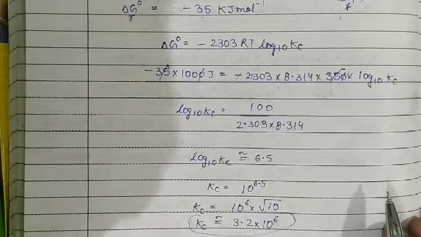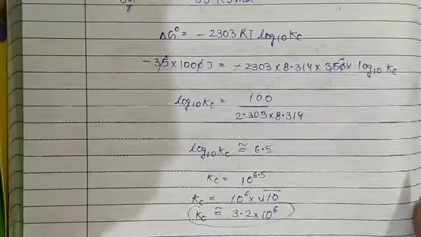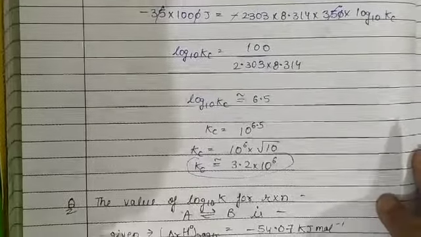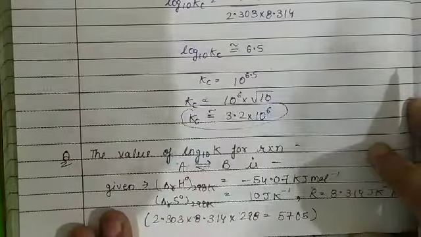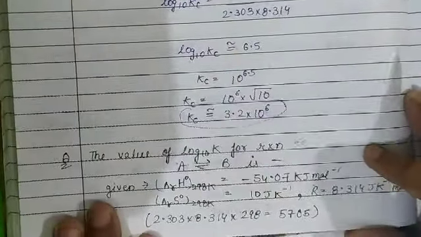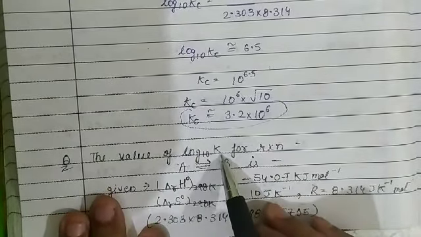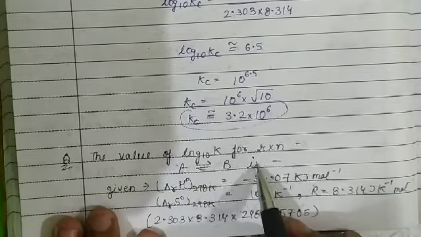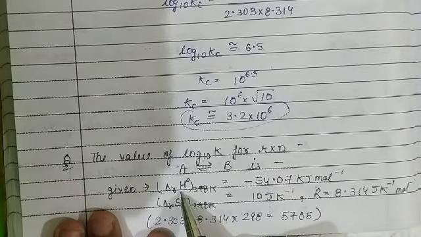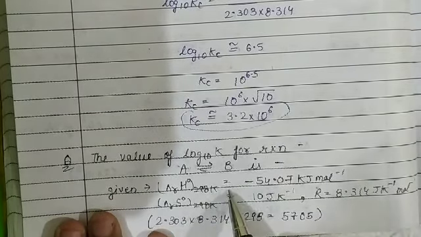See the next question. The next question is again based on log K. We have to find the value of log K for the reaction when A changes into B, and we are given delta H naught of the reaction.